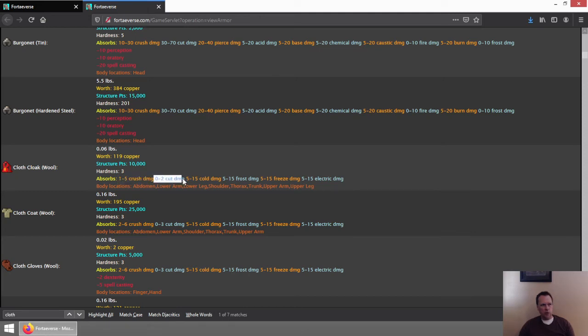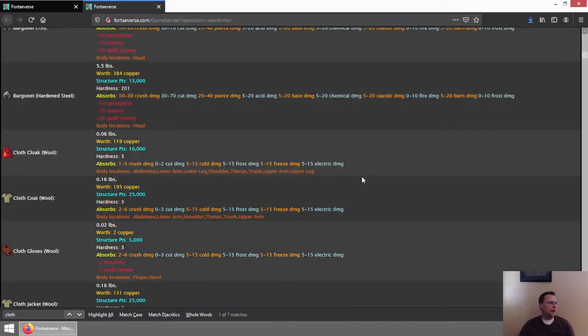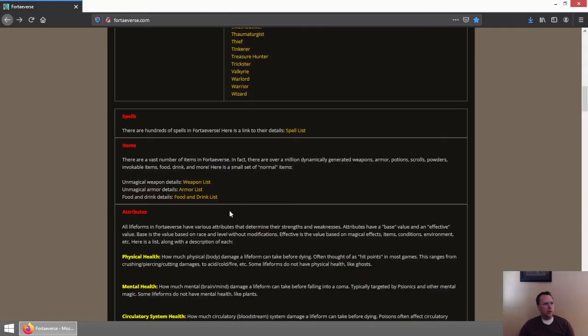Hardly protects you at all from cut damage, but it does pretty well against cold damage and frost and freeze. Even electric, because of it being kind of an insulator. Versus looking at something here that's made out of hardened steel, and you can see this provides a much better protection against the typical cutting, piercing type damage. Can even protect you from acid, bases, chemical, those kinds of things. So that's the armor list.